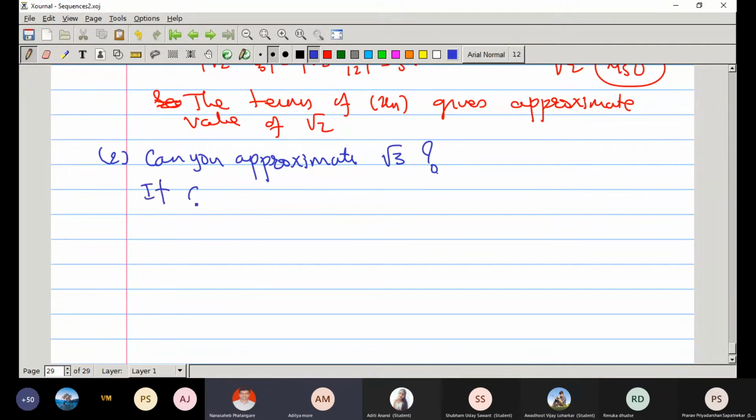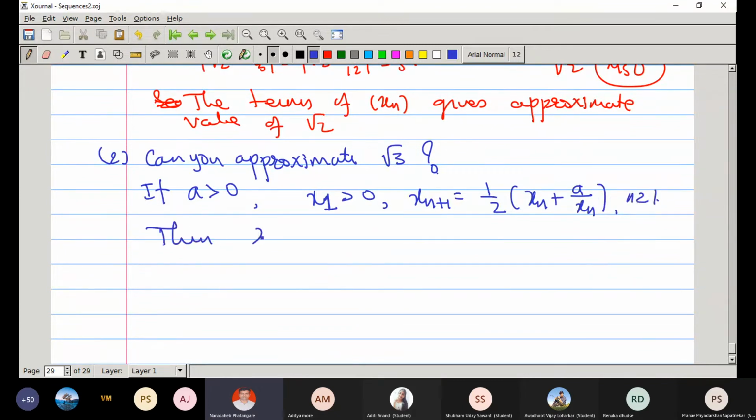So if a is a positive number, and if you select x1 as any positive number, no matter whether you select a half, 1/5, or whatever positive, and define xn plus 1 is equal to 1/2 (xn plus a upon xn).